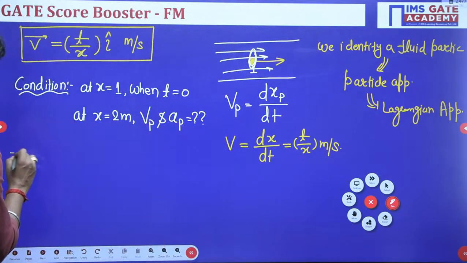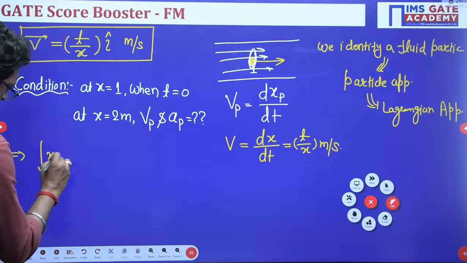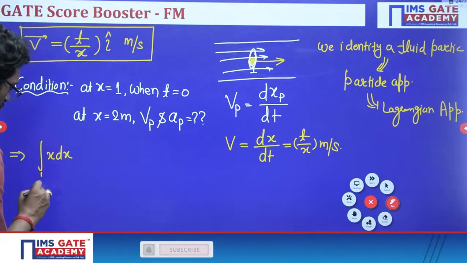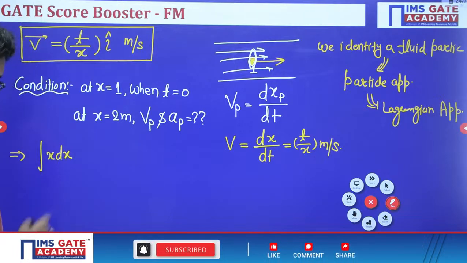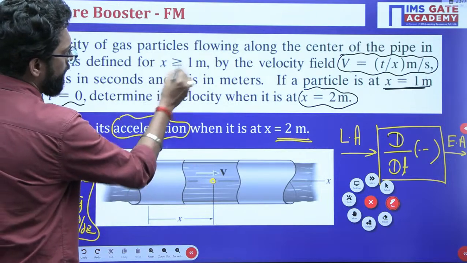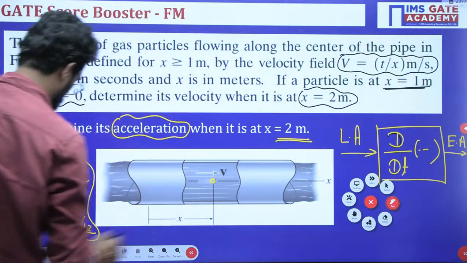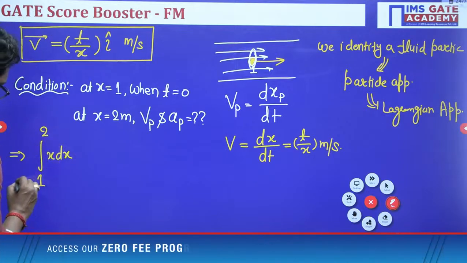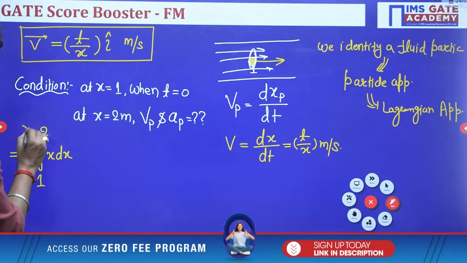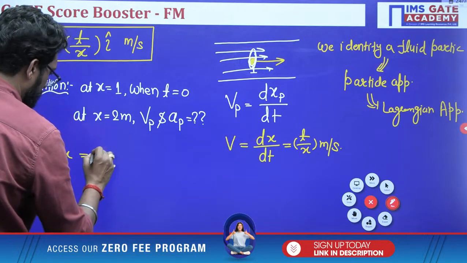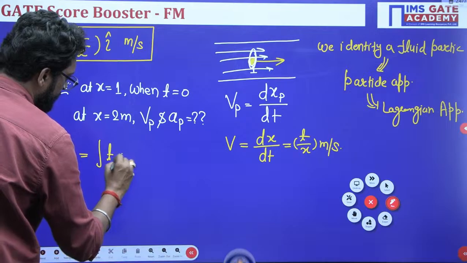So we have to integrate x dx, with x from 1 to 2, equal to the integral of t dt.